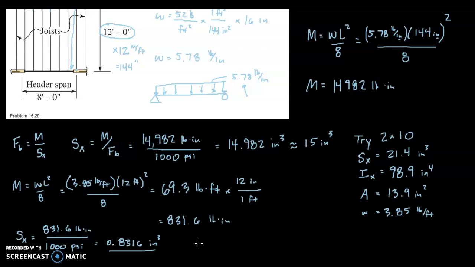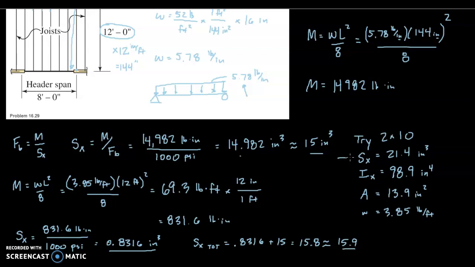So if I add that, let's call that S sub x total, we need 0.8316 plus what we calculated earlier, about 15. So we need about 15.8, or I might even round that up to 15.9 as the total section modulus we need.